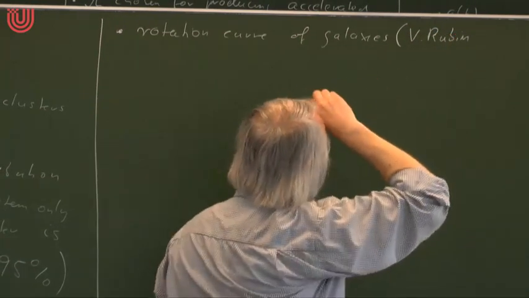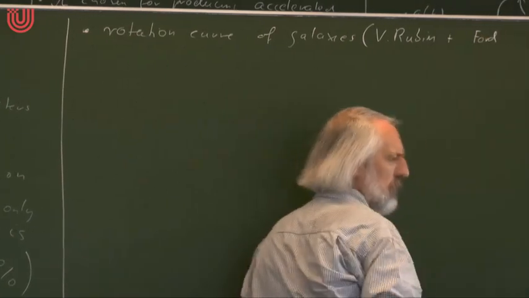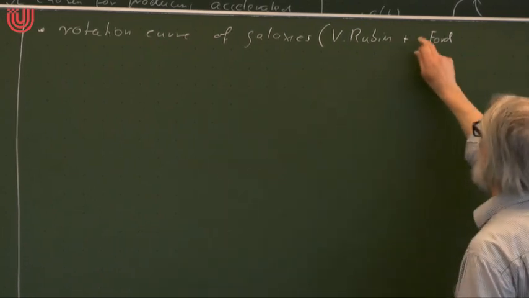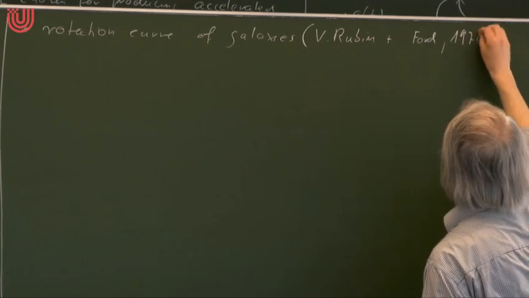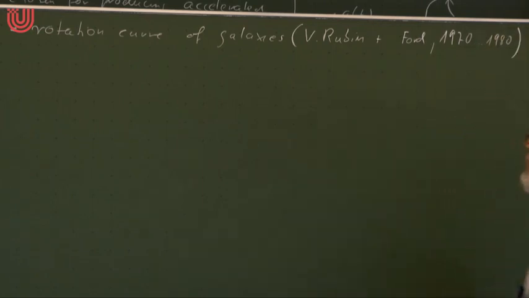And some of the work was done with a collaborator by the name of Ford. Sorry, I don't know what the first name of this gentleman is. So this was, say, in the period between 70 and 80. It already began in the late 60s, I think.